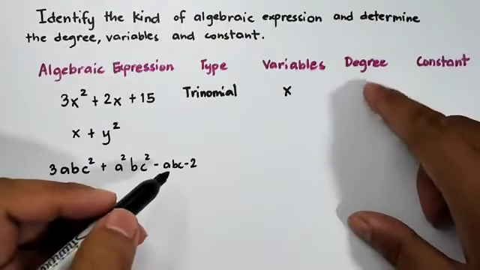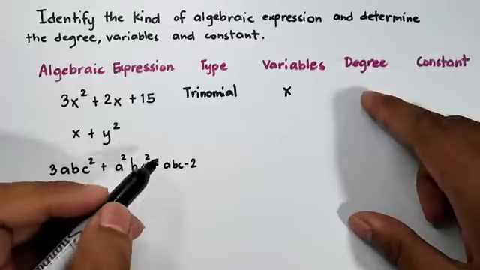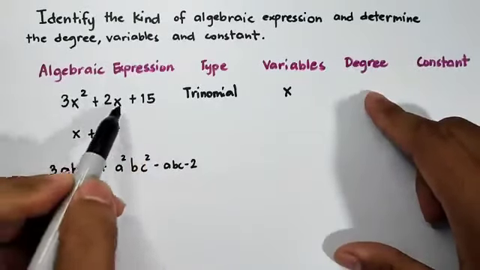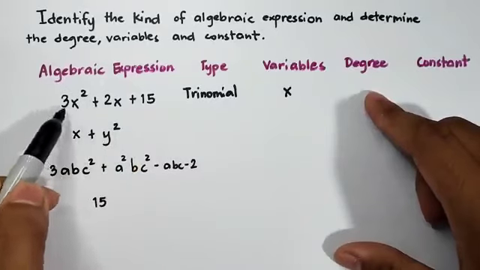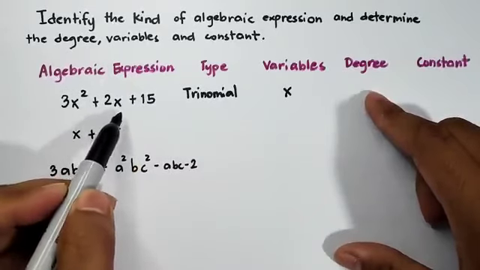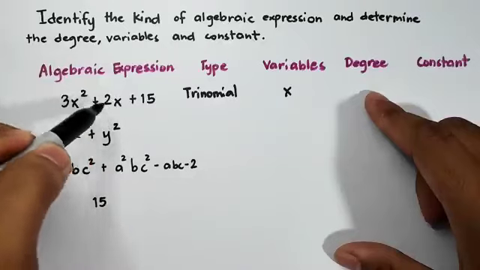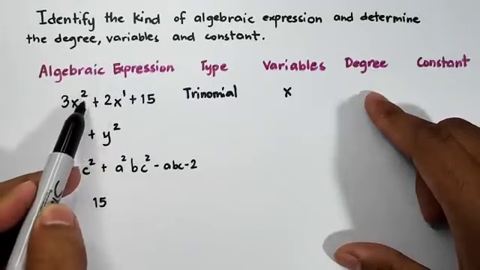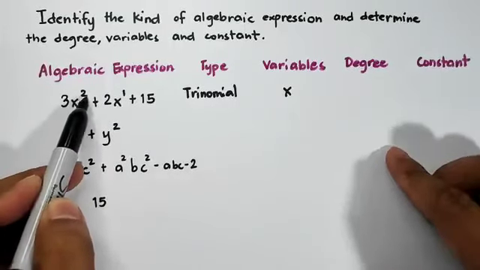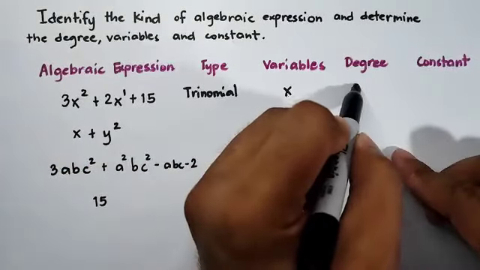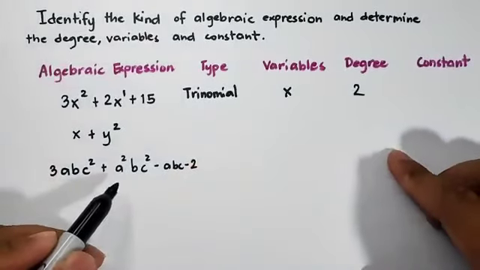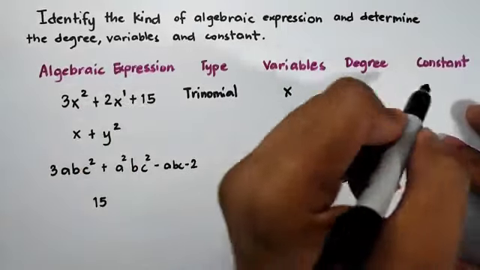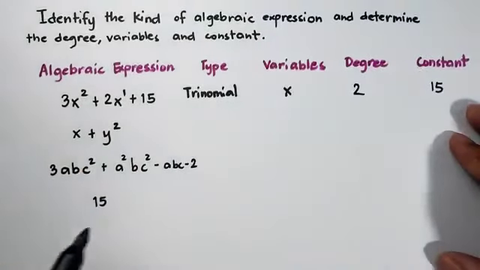Now, for the degree, as I have told you earlier, ito yung highest exponent existing sa isang variable. Yung variable x natin, meron tayong sa first term at meron tayong sa second term. Comparing the exponents, dito kasi meron tayong exponent na 1, invisible. Comparing 2 and 1, mas greater si 2, meaning the degree is 2. Okay? What about the constant? For the constant is positive 15 or simply 15.